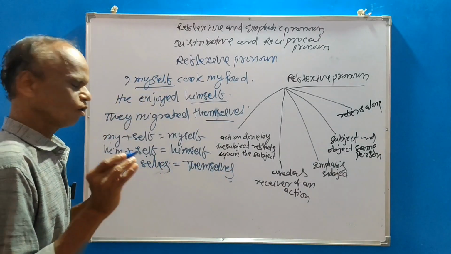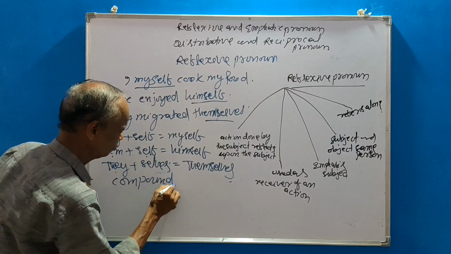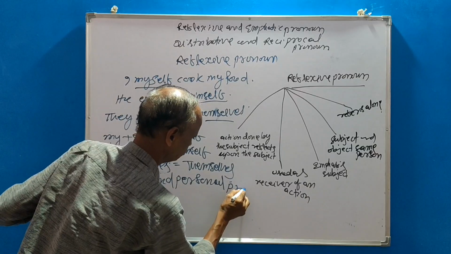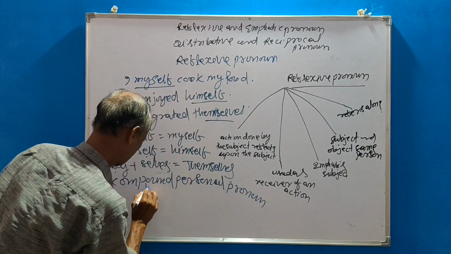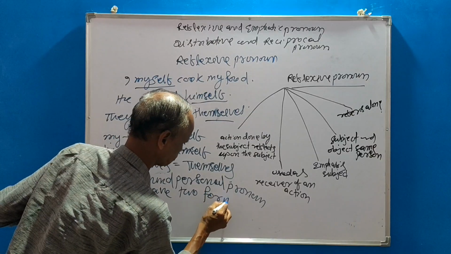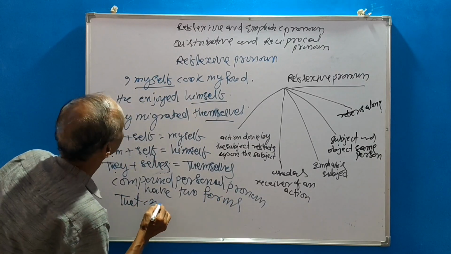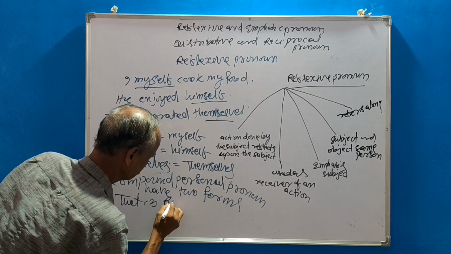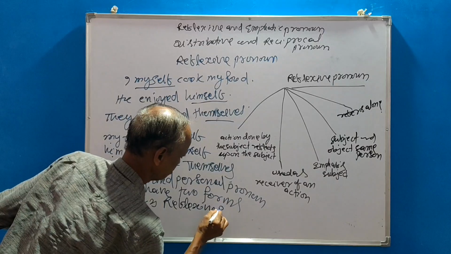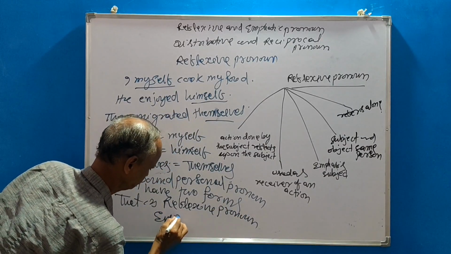So, compound personal pronouns have two forms. That is reflexive pronoun and emphatic pronoun.